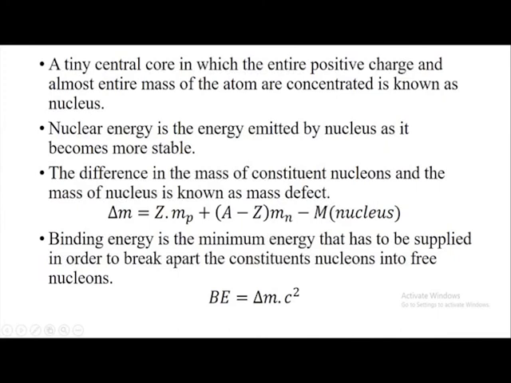The nucleons are bound together in a nucleus, and the energy that has to be supplied in order to break apart the constituents into free nucleons is called binding energy. It is denoted by capital letters BE. Most of the time, binding energy is calculated in mega electron volts. Let us discuss more in detail with some examples.